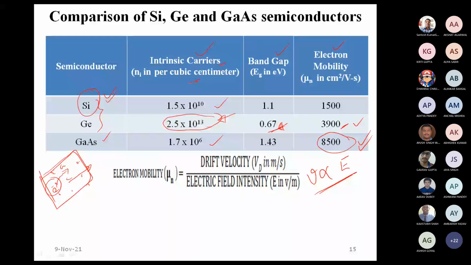Now suppose we apply some external field. Some material is there, not limited to a semiconductor, and we apply an external electric field to it. This external electric field applies a force on the charged particles.